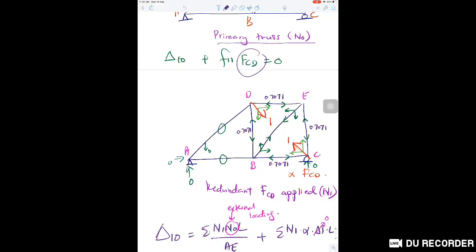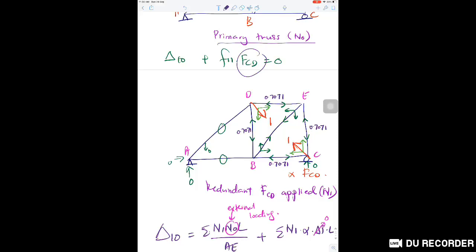Remember that the redundant truss is the determinate truss subjected to a unit value of FCD, and FCD is member force, meaning internal force. There is no external force in the truss, meaning there is no reaction in the redundant truss.